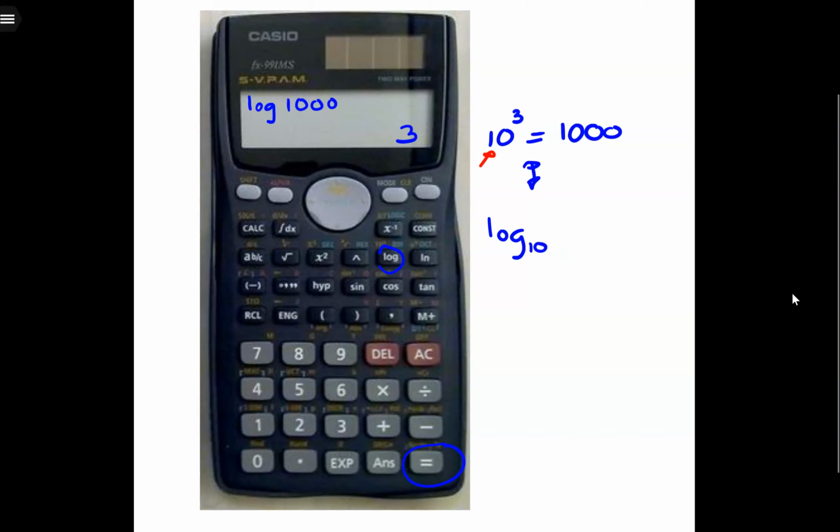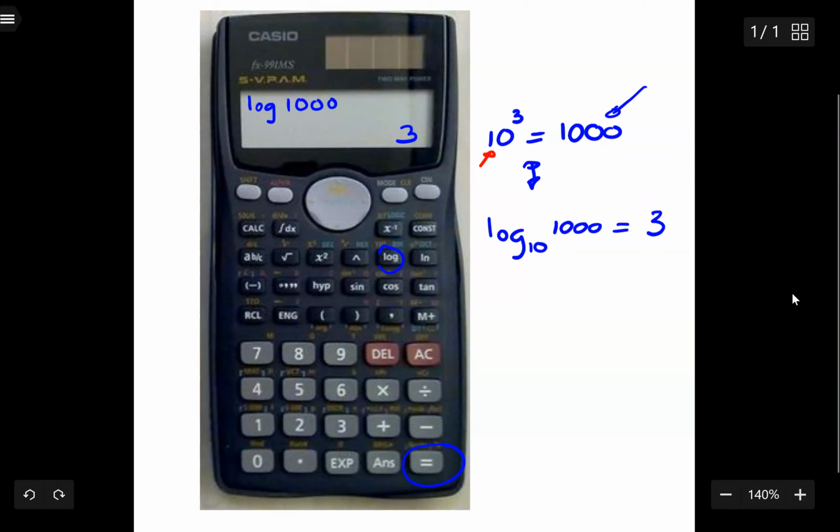The argument is now the number on the other side, which is 1000, and it is equal to 3. If this 3 were some unknown that you have to find, then you have to apply this logarithm to find that unknown.